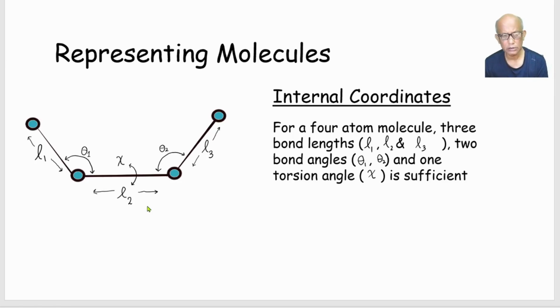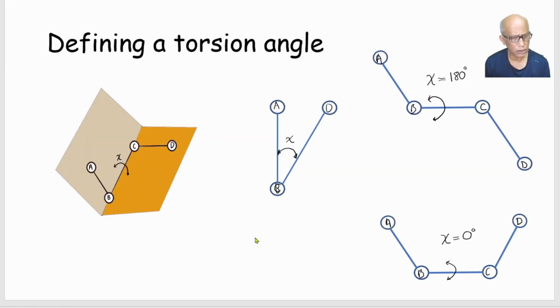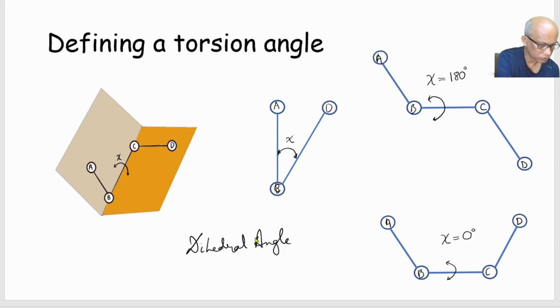This is an extra parameter that we need. Now what is this torsional angle? The torsional angle, another name for which is the dihedral angle. Technically there is some difference between a dihedral angle and a torsional angle, but in much of the literature that I have seen, people use these two terms interchangeably and they mean the same thing.